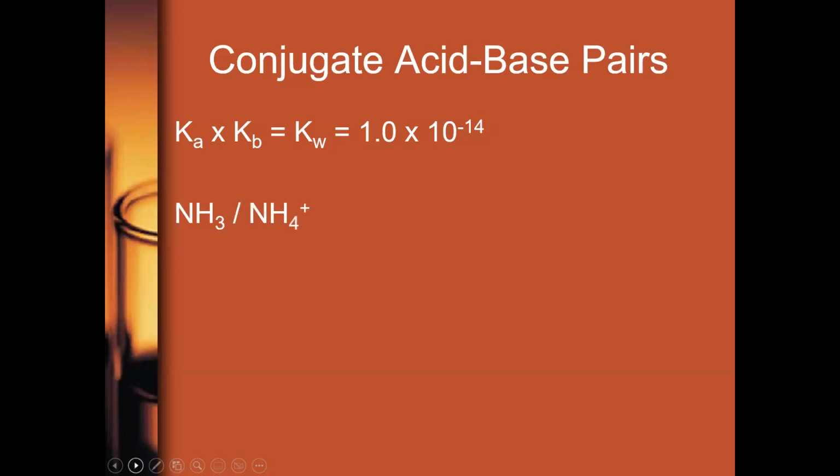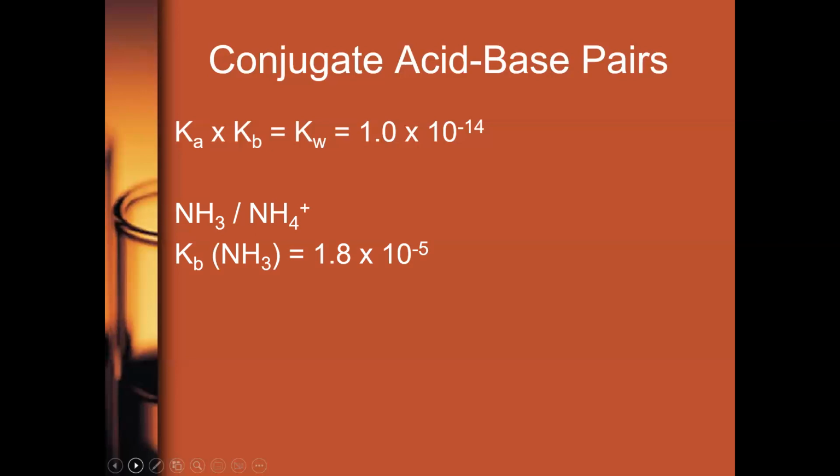So a conjugate acid base pair, remember, only differs by one hydrogen. So here we have ammonia and ammonium. But since ammonia is a weak base, you may only have a Kb value.